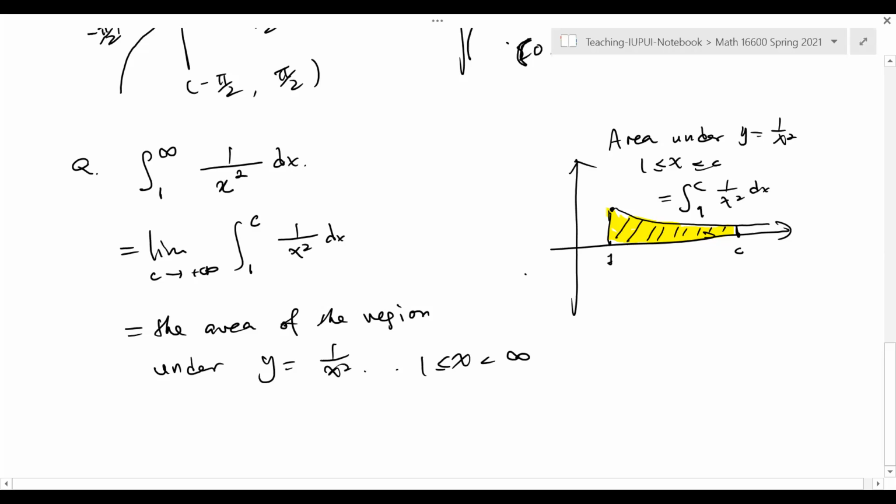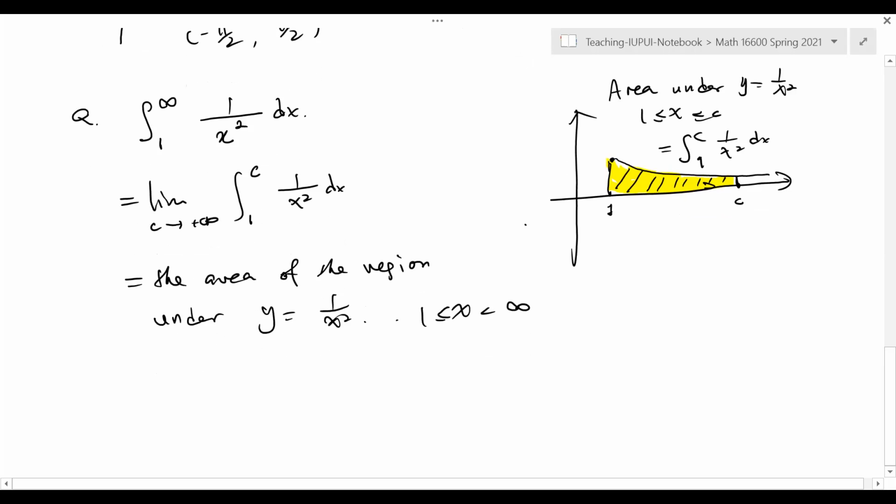An unbounded region does not mean there's no finite area. The area could be finite, because the region is getting narrower and narrower.